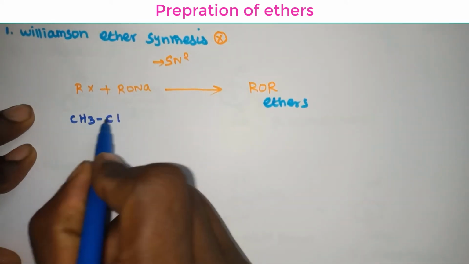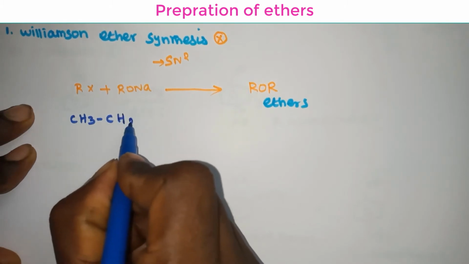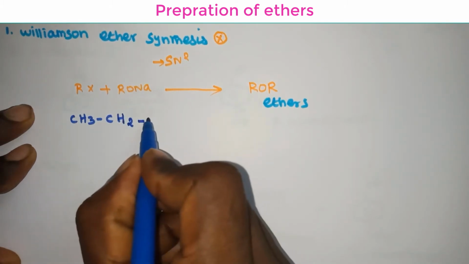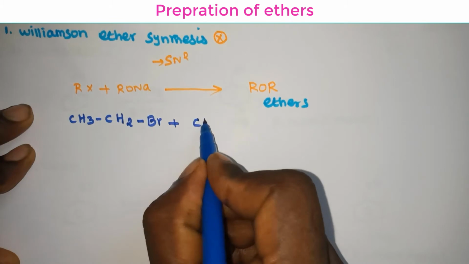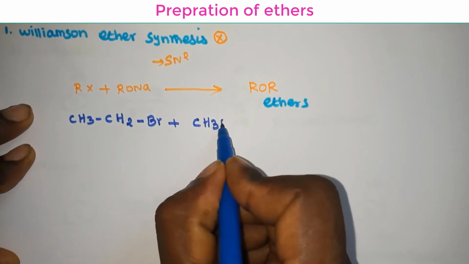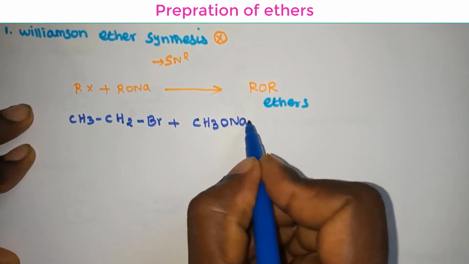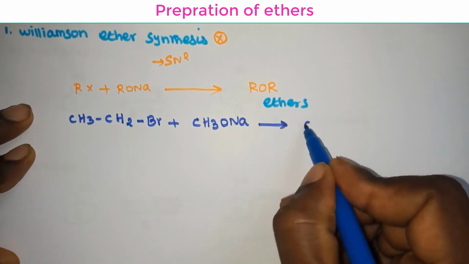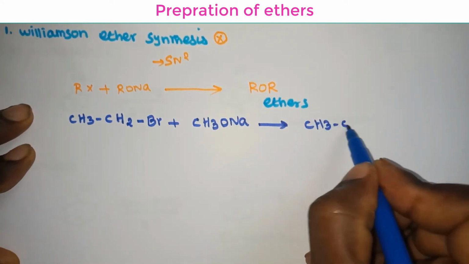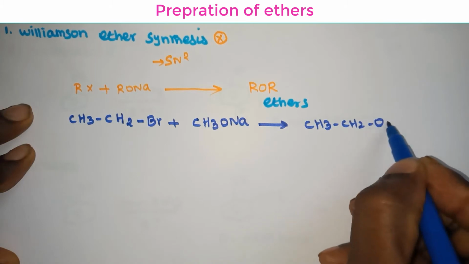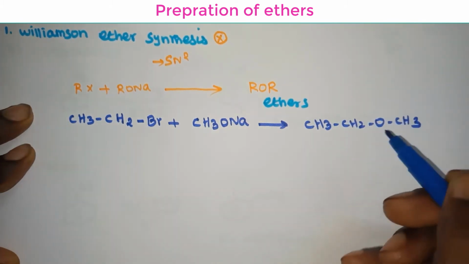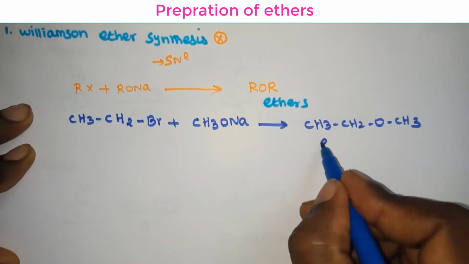Example, CH3CH2Br with CH3ONa, sodium methoxide, forms CH3CH2OCH3. Name of this compound is ethyl methyl ether.